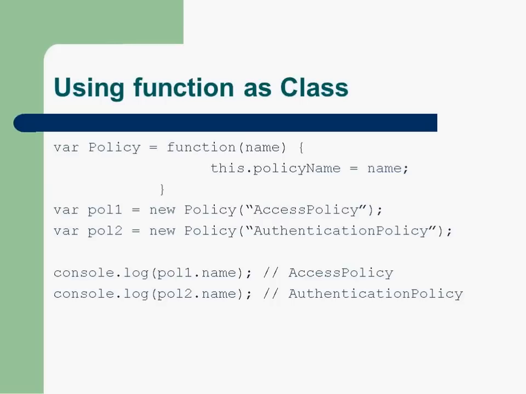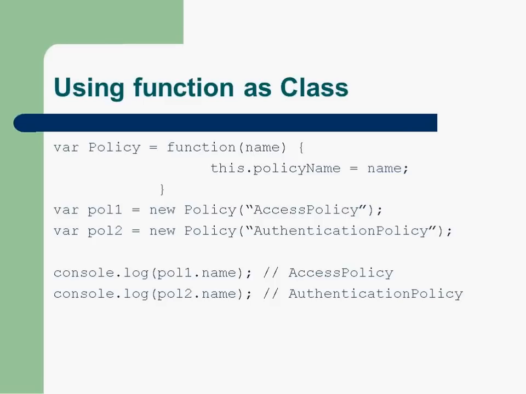Then using this function you can create an object. It's like how we create objects in Java-type languages. You say new Policy, you provide the arguments, and it will return you an object. An object is like a separate instance, so it works more like classes.